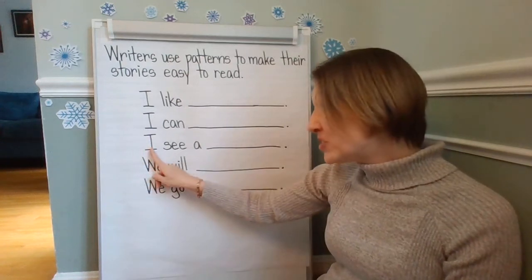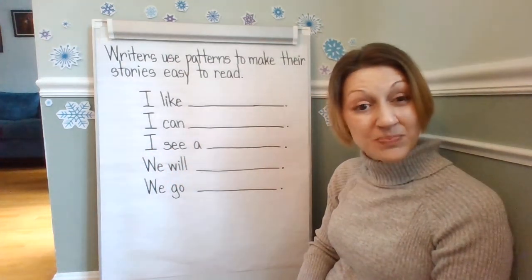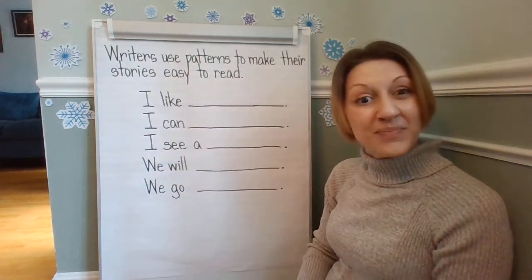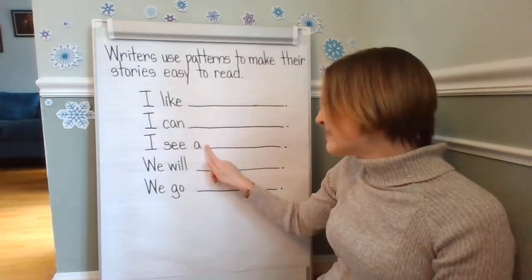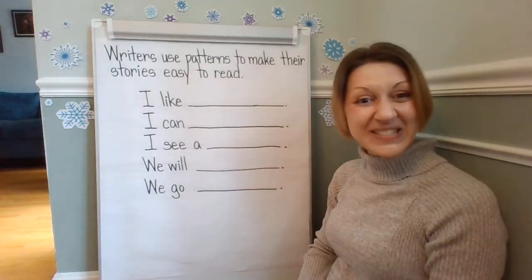Or maybe you're going to do I see a for your pattern sentence. So if you were going to do that, you would put I see a at the beginning and whatever you see, and then a period at the end.